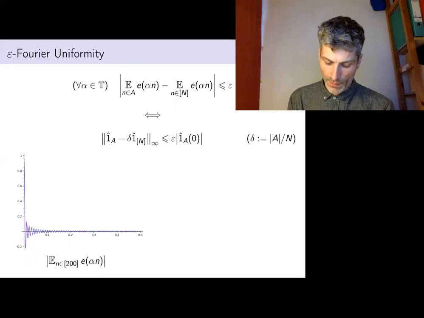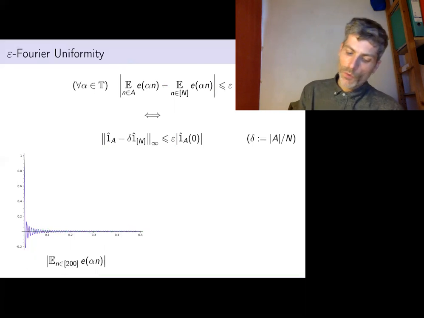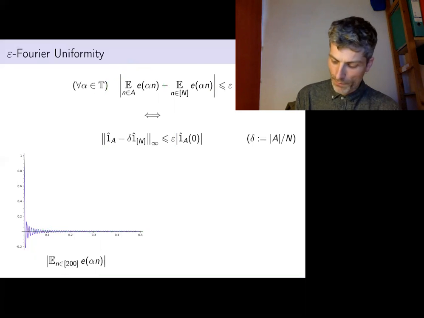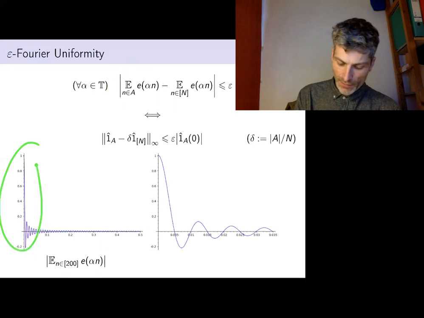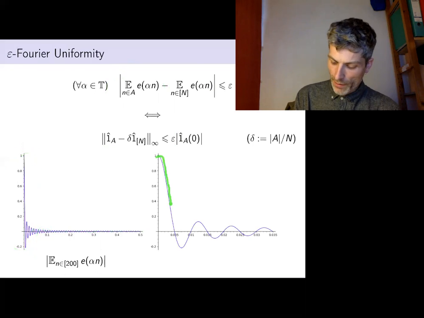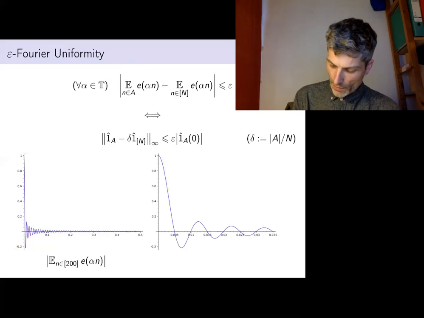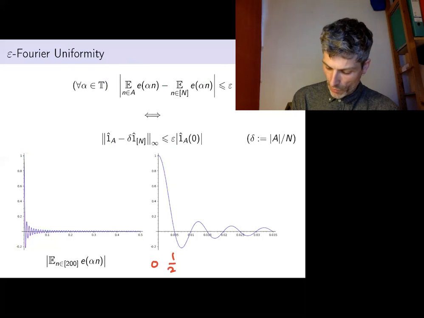this normalized Fourier transform. So it is almost true to say that to verify that a set is Fourier uniform, you just have to show its Fourier transform is small everywhere. Apart from, if we enlarge this graph here, when we're at very low frequencies, so this is the interval 0 up to 1 over 200.